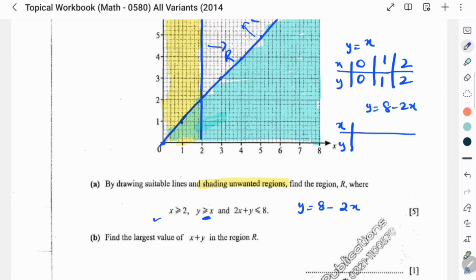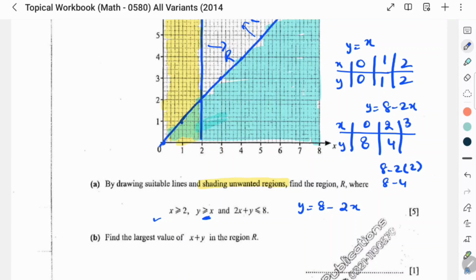Make y the subject. Then for inequalities, I told you, you must have y positive, remember. So here, if I choose the value 0, then 8 minus 2 times 0 will become only 8. If I take, for example, 2, then 8 minus 2 times 2, 8 minus 4 is equal to 4.